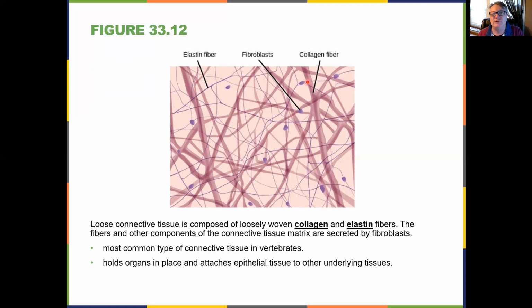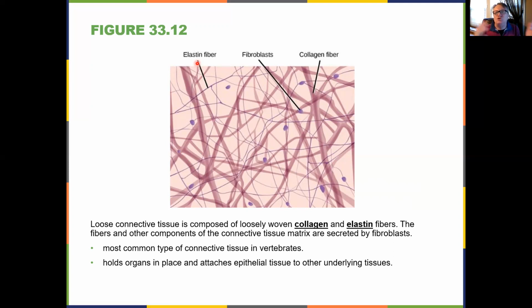Collagen fibers are very strong. So this would be used when you want almost like a rope type structure to tie things together. The other type of fiber shown here, the much thinner ones, are called elastin fibers. Think of the word elastic, like a rubber band. So these are also long proteins, much larger than the cell that made them, but they have expansion and retraction capability.